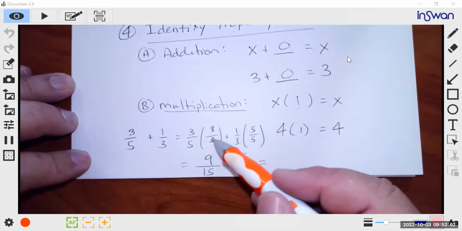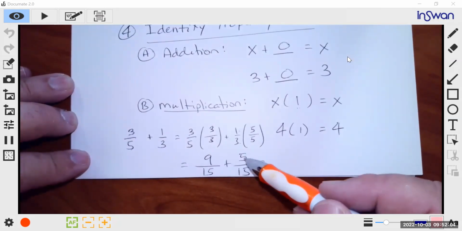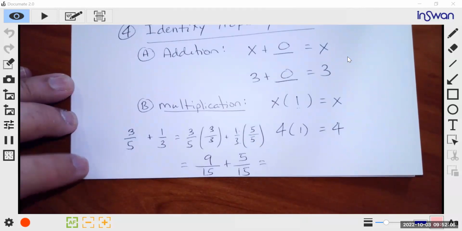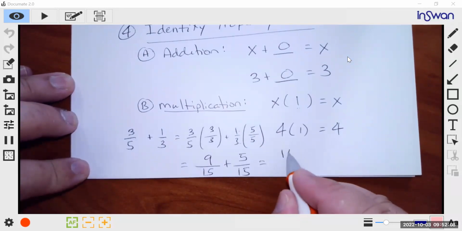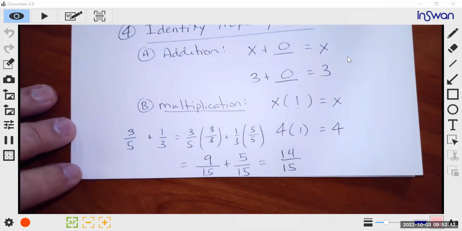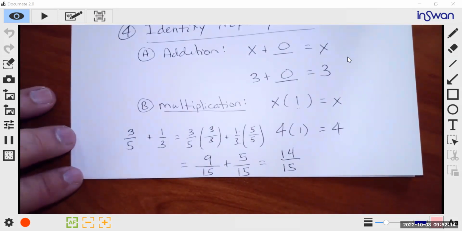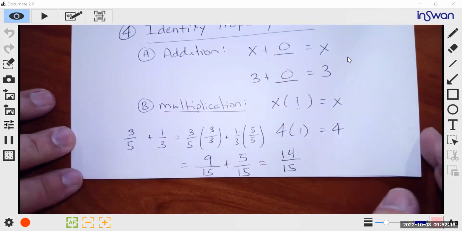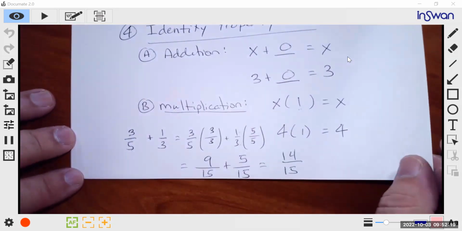If you simplify it, 5 over 15 is the same thing as 1 over 3. And then you add the two numbers. So that's the idea. We've been using this all along whenever you combine fractions.